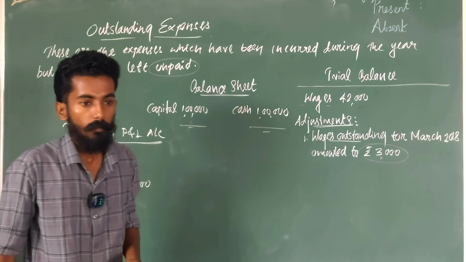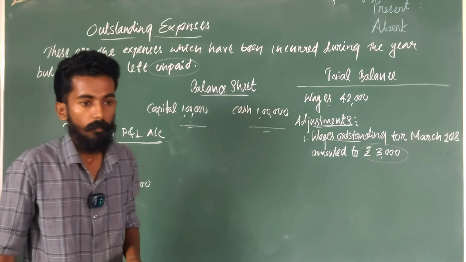Is the transaction over here? No. Every adjustment, directly or indirectly, is going to affect the trading and profit and loss account and the balance sheet also. The expense which has been left unpaid, till now we didn't pay that 3,000.